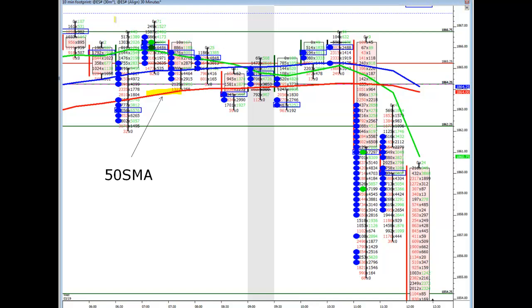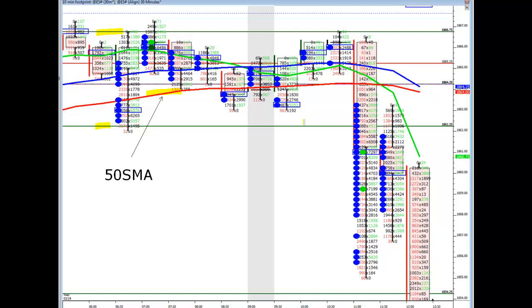Now, we were looking at the evening session, and this was the value area high for the evening session, and this is the value area low for the evening session. So in terms of tools, on my 30-minute chart, I have also applied a 1020 profile so that I can take a look at how my candlesticks behave, or how the periods behave relative to the parameters of the 1020 profile.